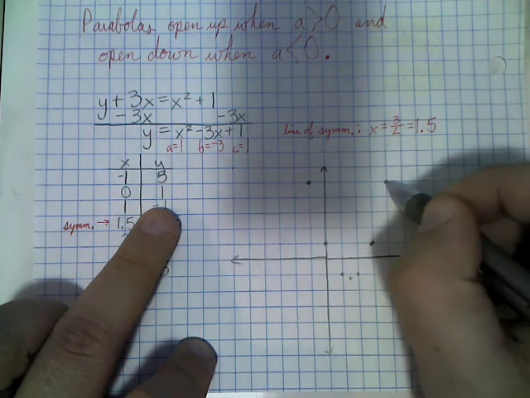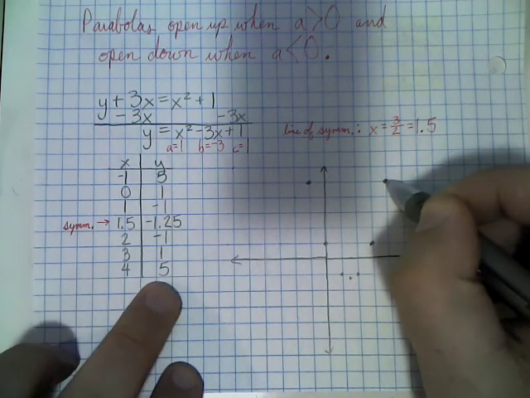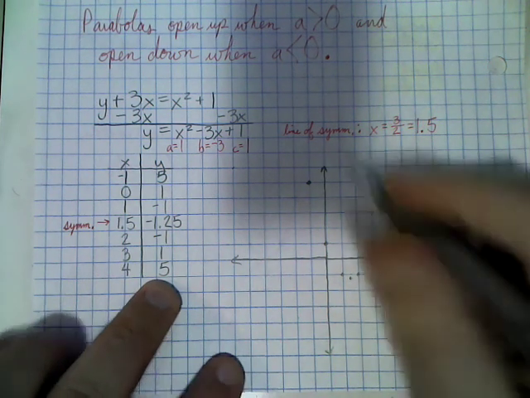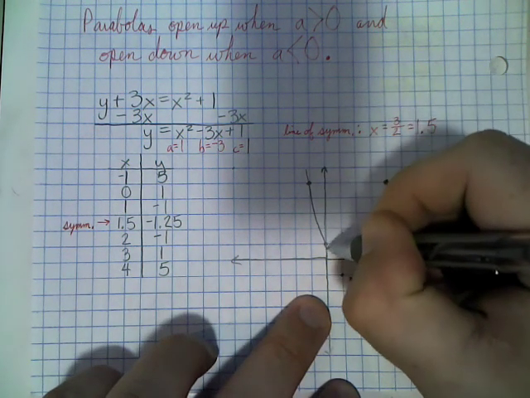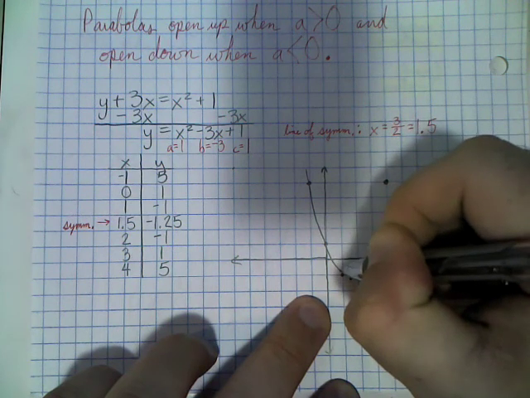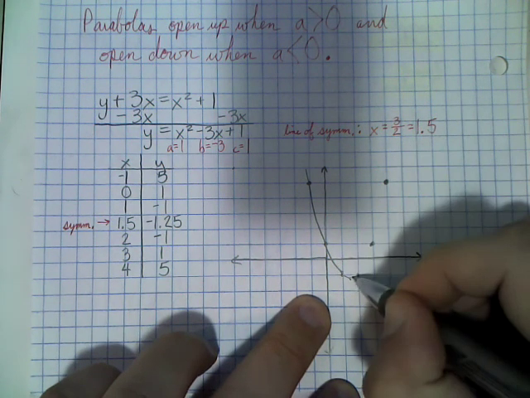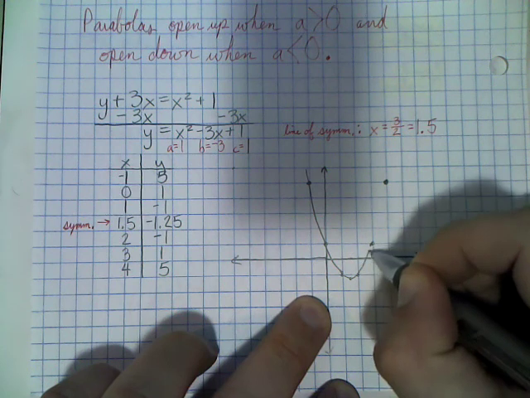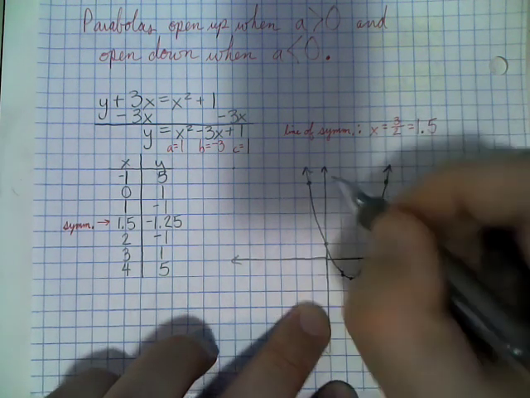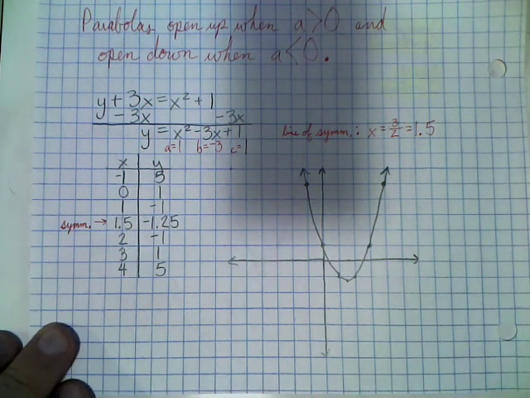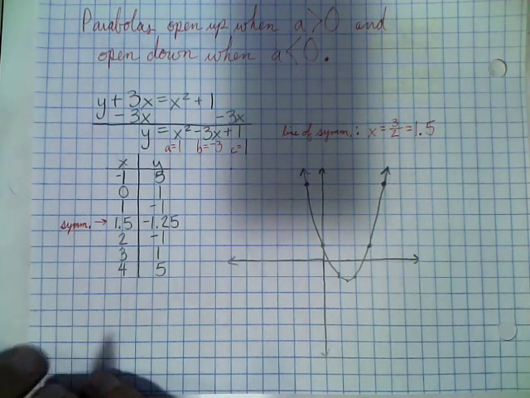So if I go symmetric from that, 4, 5 is my other point. And draw my curve through those points. And there's my graph. And that, ladies and gentlemen, is the end of our lesson.